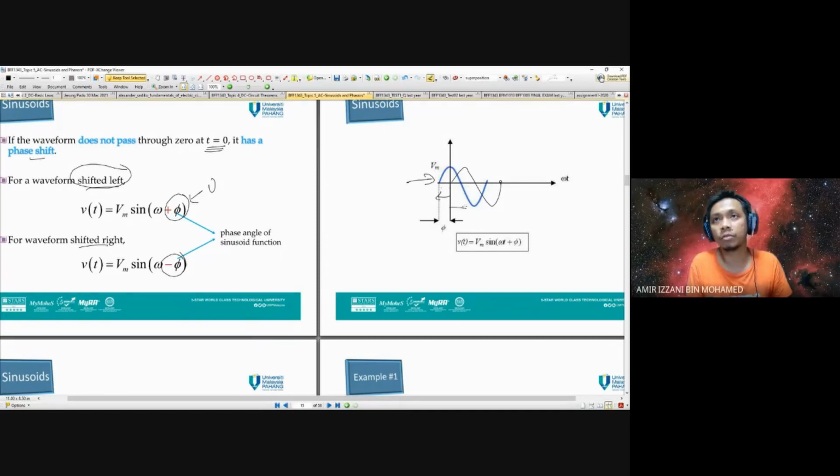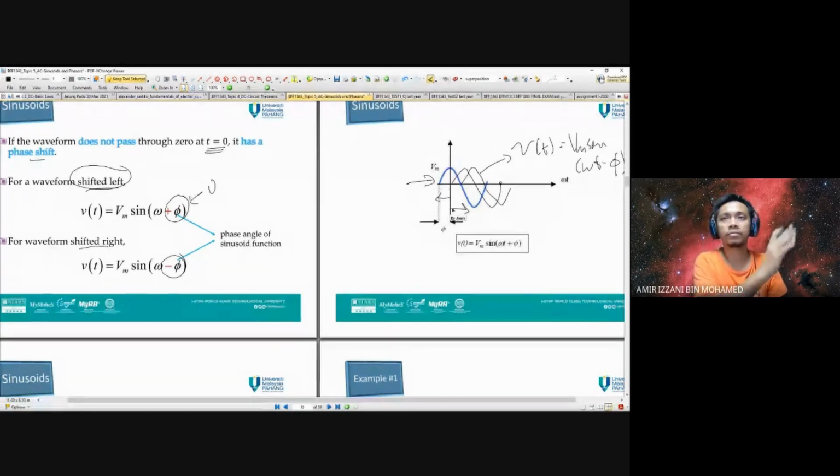If I have another one like this, this one is V(t) equals Vm sine omega t minus phi. Moving to the right is minus phi.